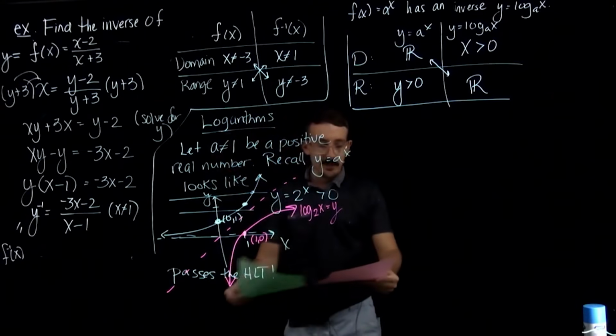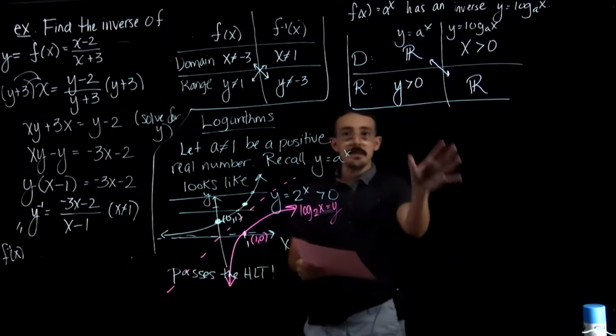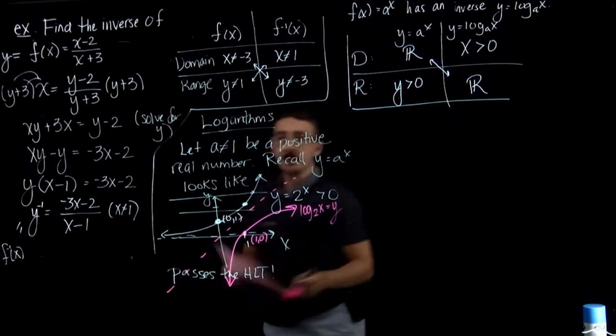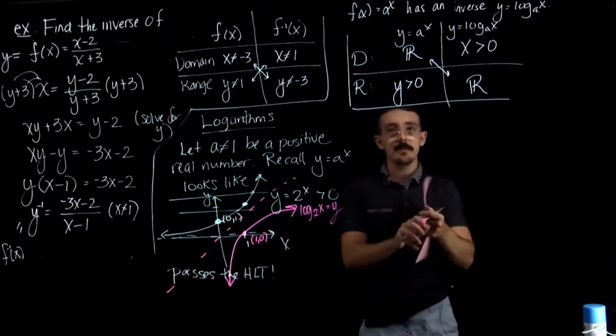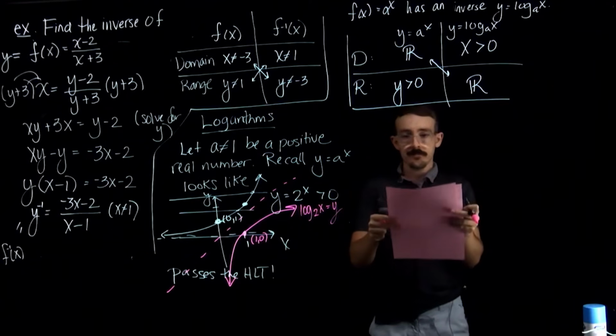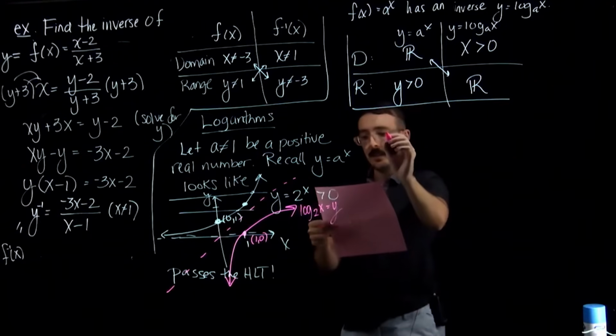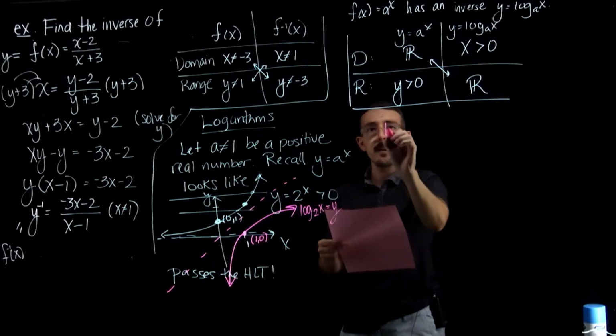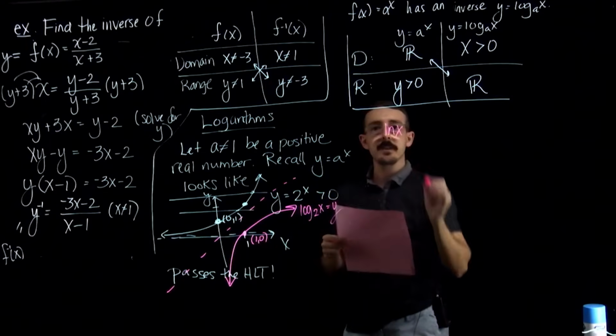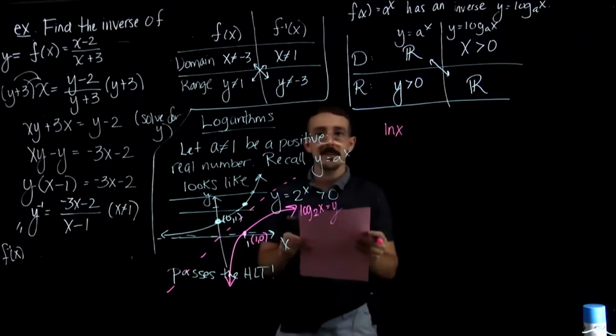So now what can I do from here? Well, I can give you some important properties of logarithms that you should be familiar with. So let's go over those. Let's go over ln of x, because you're going to be seeing that quite a bit.